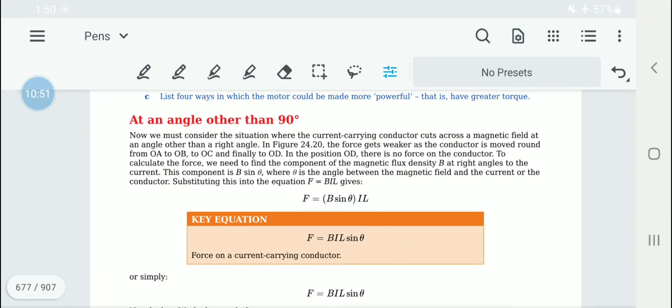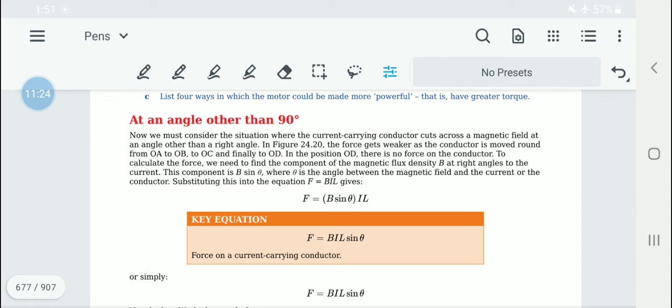If the conductor is placed in such a way that it cuts the magnetic field at any other angle other than 90 degrees, it would have a force weaker than F at right angles.